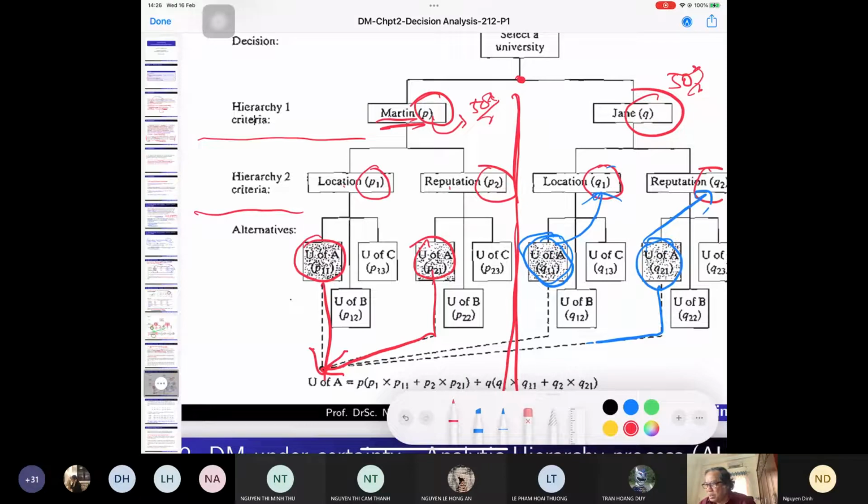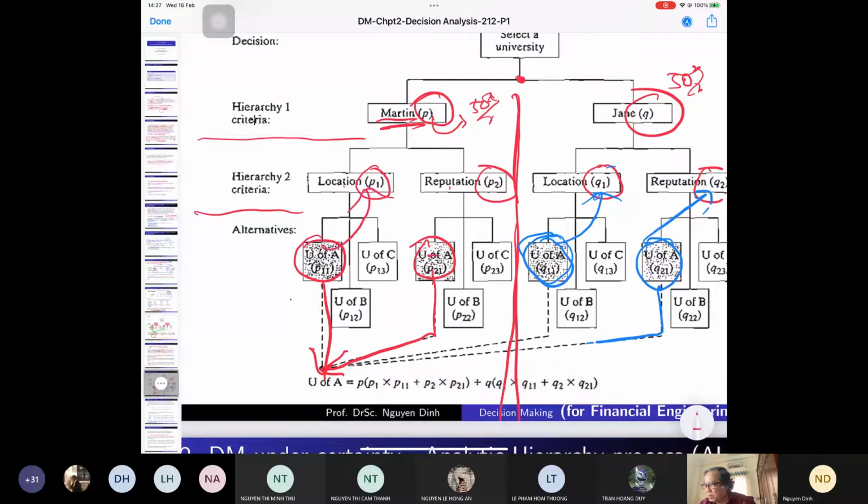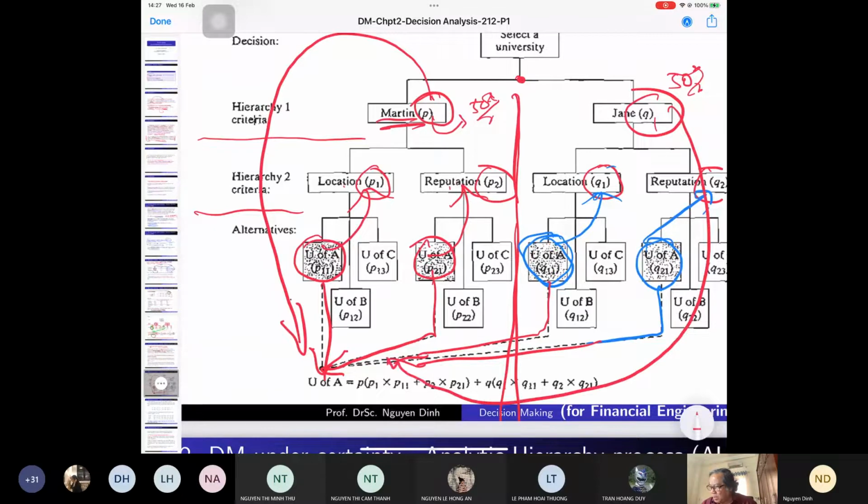For Martin, UA location here multiplied by P1, reputation multiplied by P2. You sum up all these things. But the first one here is multiplied by P, and the second one here by Q, and then you sum up all here.